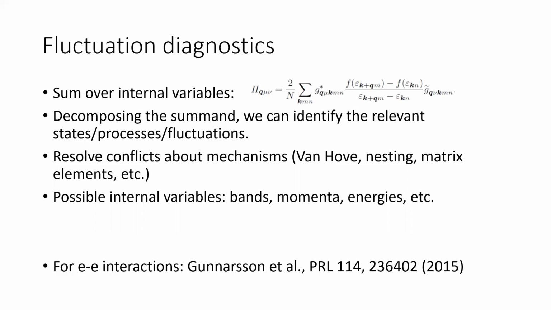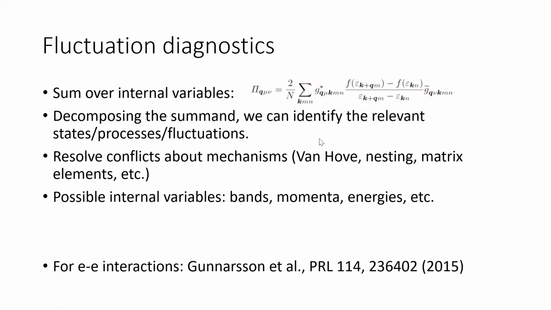This is something where there were a lot of different opinions and a lot of papers have been written suggesting, for example, van Hove singularities as being responsible, or nesting, or matrix elements, and so on and so on. And we really have a way to say what is the true answer to this question, just by looking at the summand part by part.